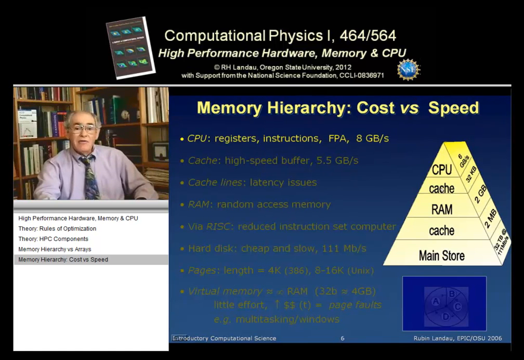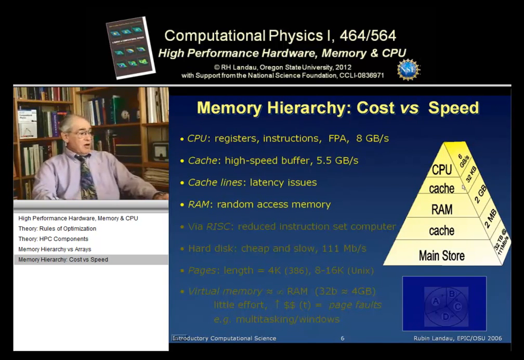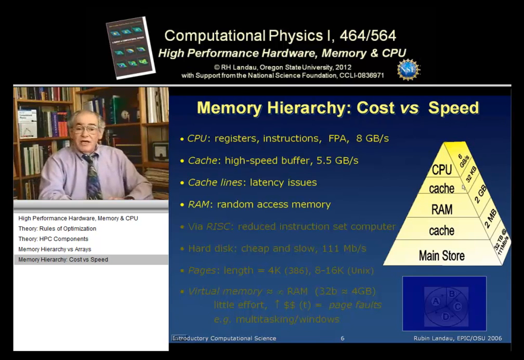Notice though that the amount of cache, this very high speed cache at the very top of the memory hierarchy, is very small. There's only 32 kilobytes. So when we speak about cache at the top, we're speaking about high-speed buffers. Buffers are like shock absorbers that keep things moving more smoothly. 5, 6 gigabytes per second is fast.